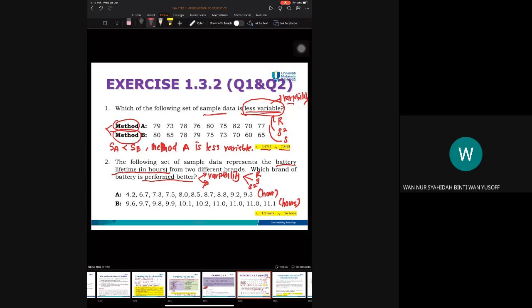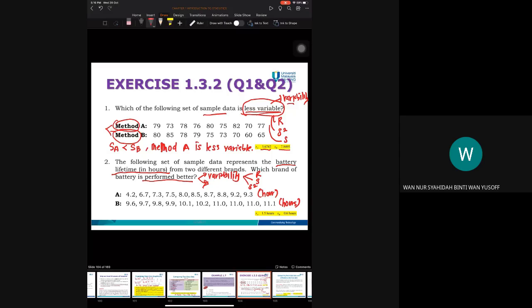Another measure that we can use. Range. Median. Okay, so range is one of the variability measures.